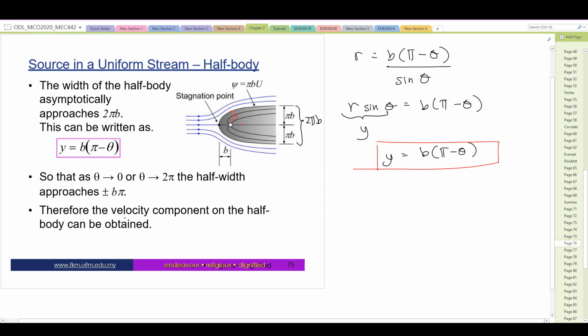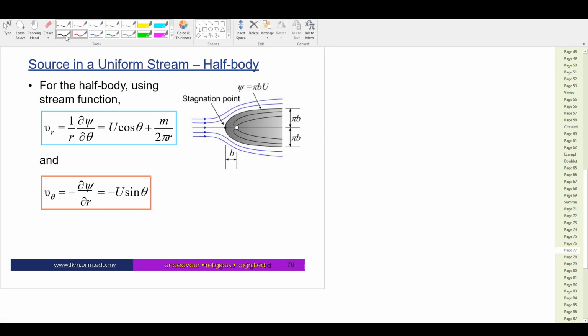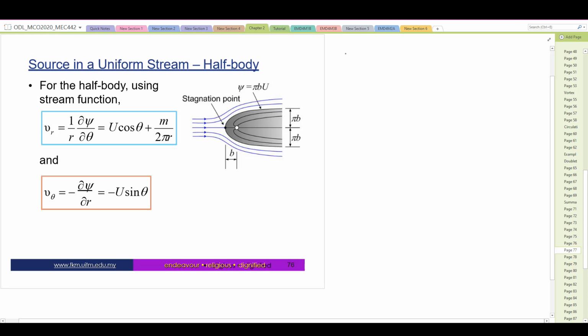For the velocity component of the half body, just recall from the beginning of this chapter, we defined V_r for the source or sink.